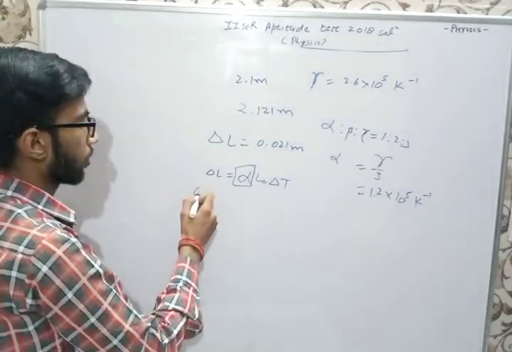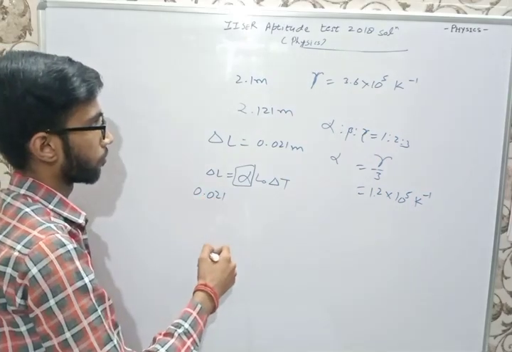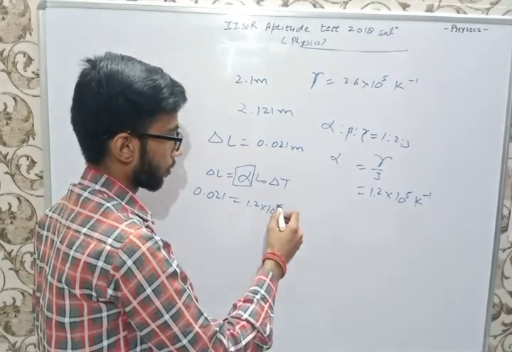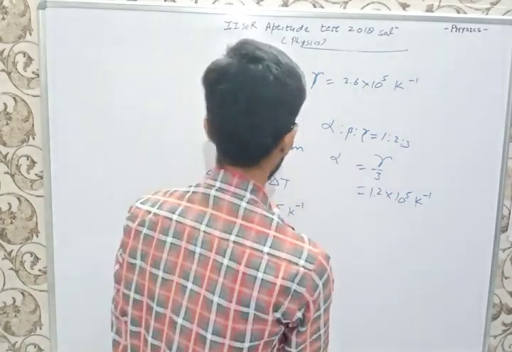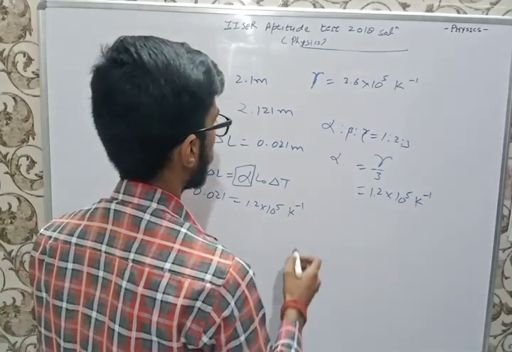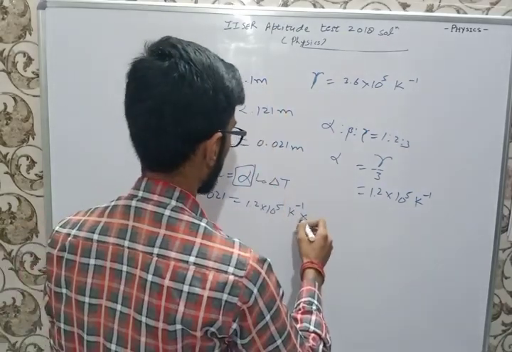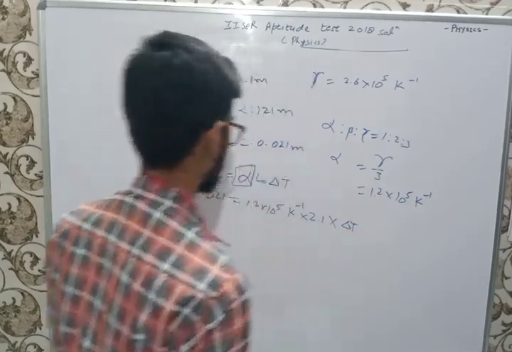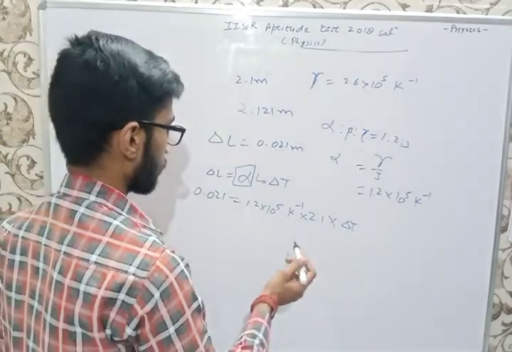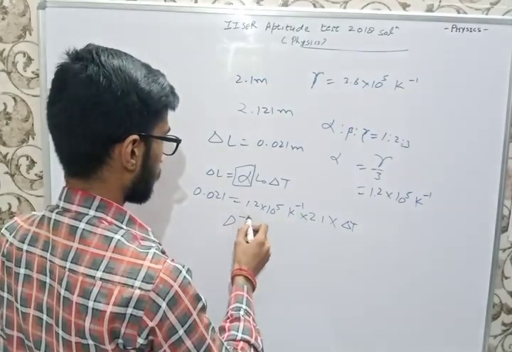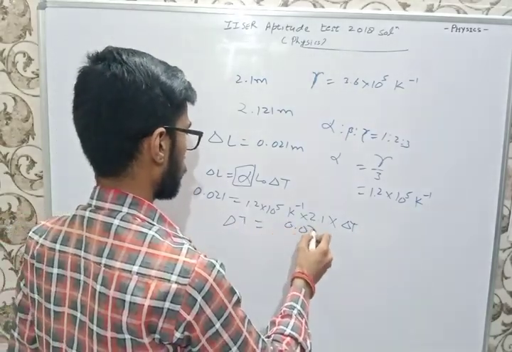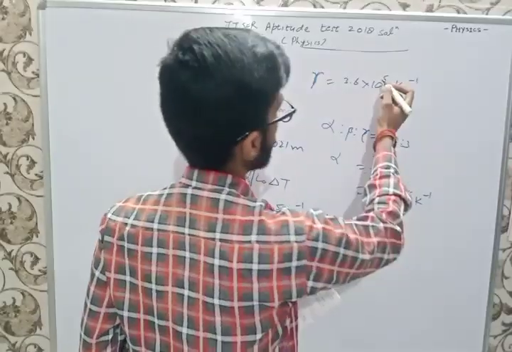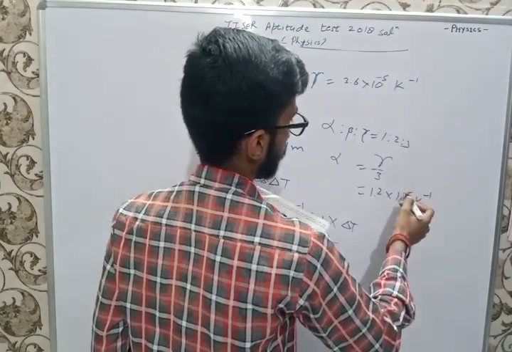Delta L is 0.021 equal to 1.2 into 10 to the power 5 Kelvin inverse, L naught, the initial length, was 2.1, into delta T. Now see, delta T is 0.021 over 1.2 into this fraction. It is 10 to the power minus 5.